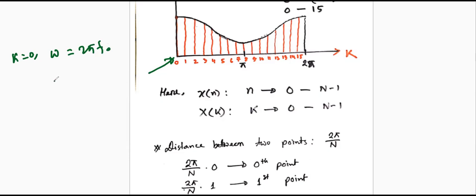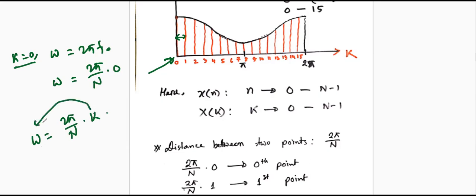However, we can find it like this. The omega, we have twice pi divided by n, that is the jump between these 2 points, multiplied with 0 because k equals 0. So omega can be represented by twice pi by n into k. That is the relation between omega and the k value.